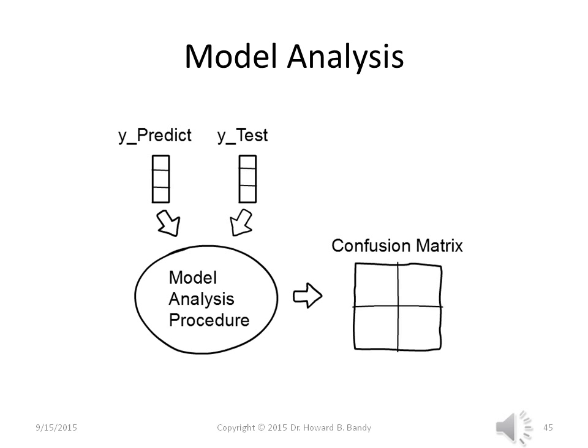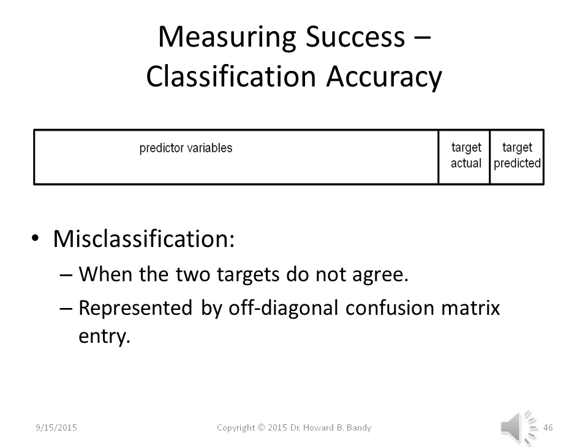Then we compare the values that were predicted for the out-of-sample with the values that we knew in advance, and the model analysis procedure creates a confusion matrix, which is a common way of evaluating machine learning supervised models. What we're asking is, do the target values agree?